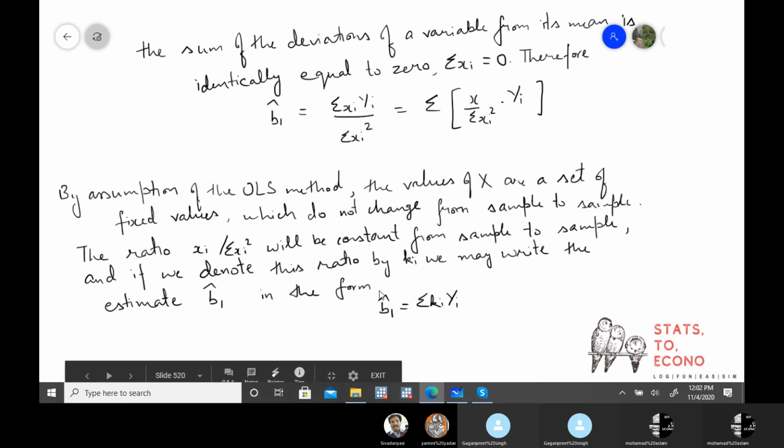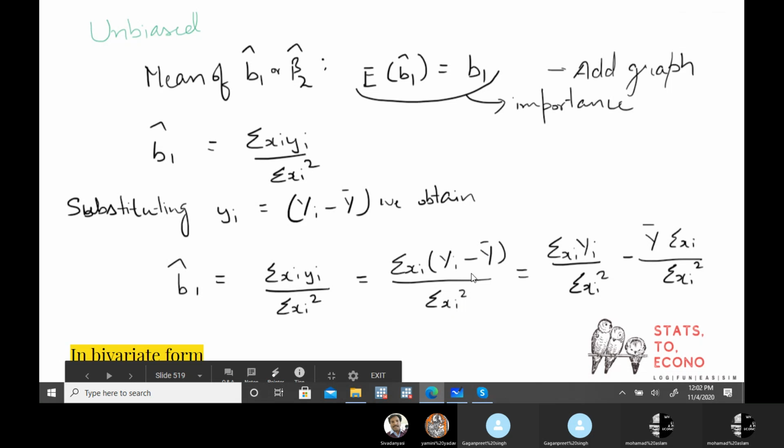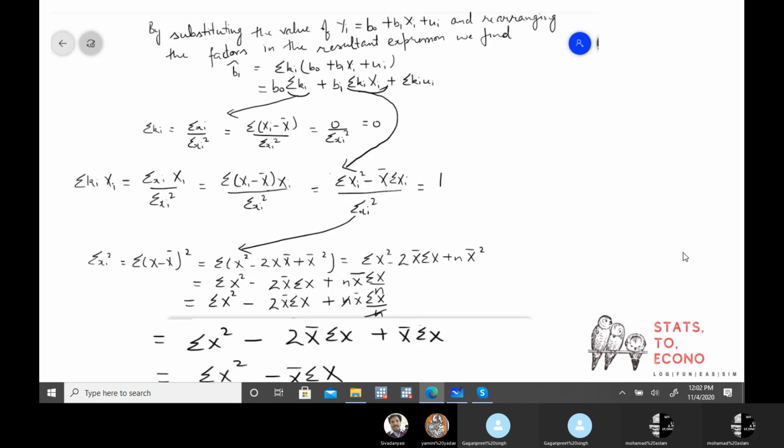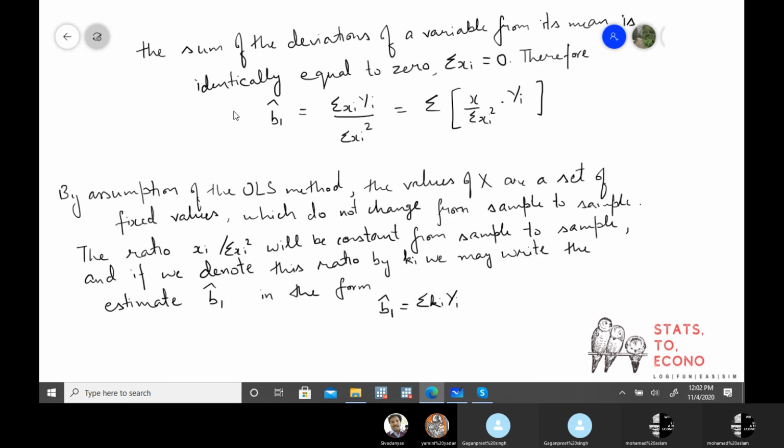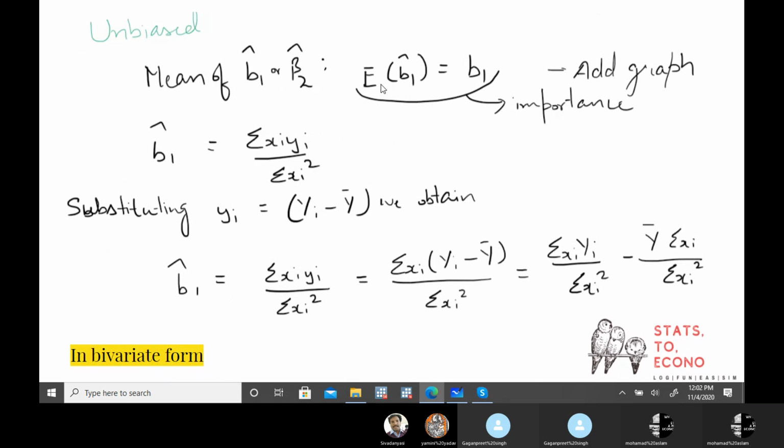So our slope coefficient is now equal to summation ki and capital Yi. Now this mean term has disappeared because summation xi is equivalent to 0. What we are going to prove is that the expectation of this estimate, here the slope coefficient, is equal to the true population coefficient or population parameter.